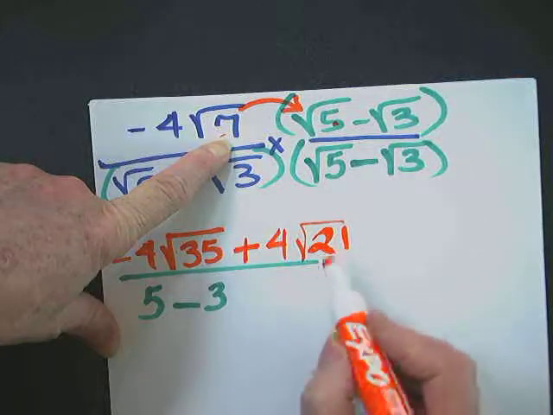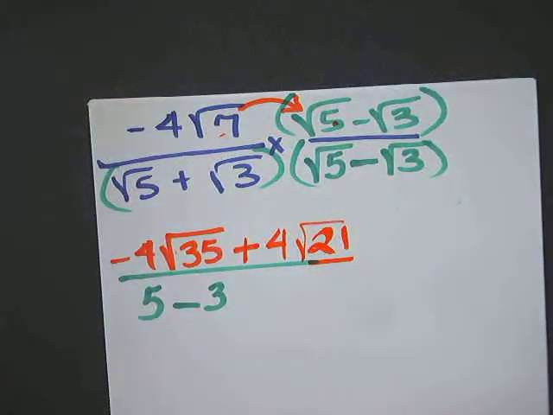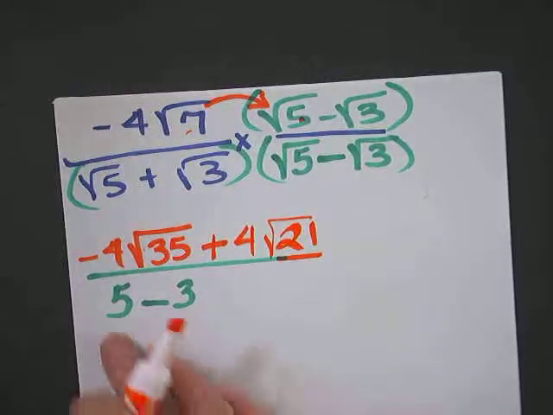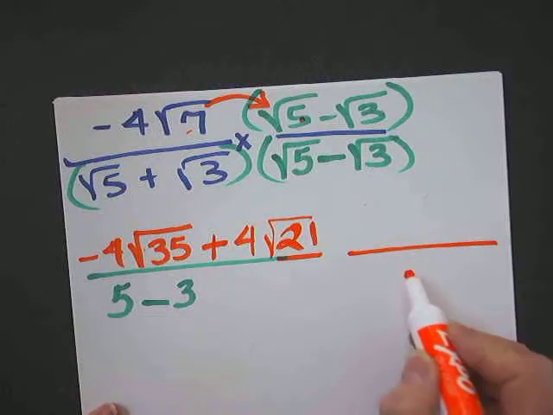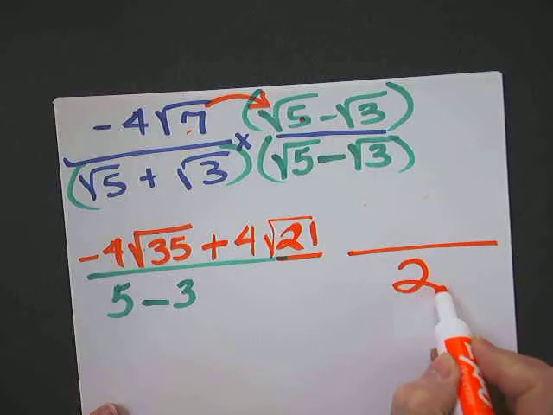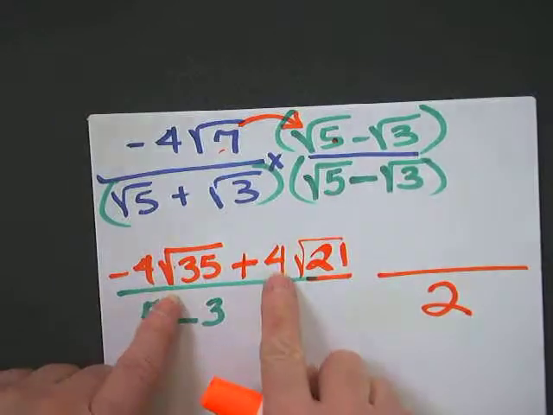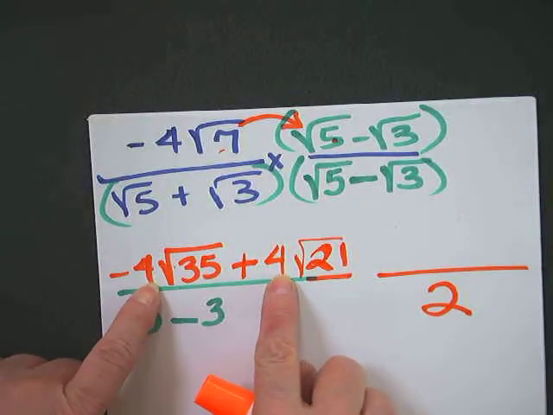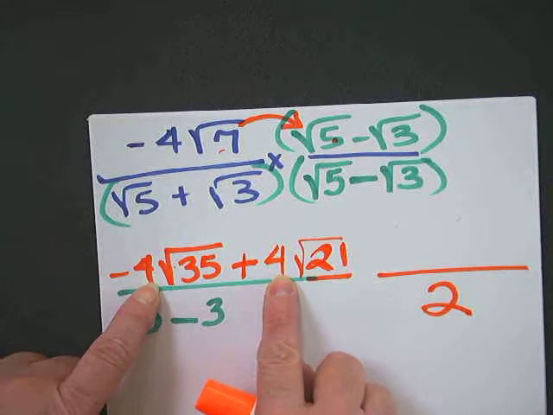Okay, so this times this, -4 square root of 35, right? Is that what you said? Yeah, that's what he said.